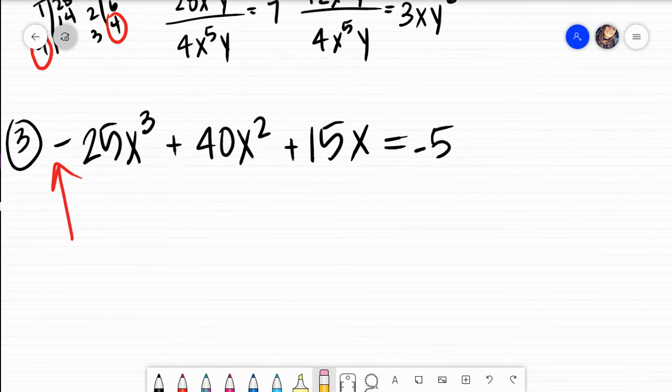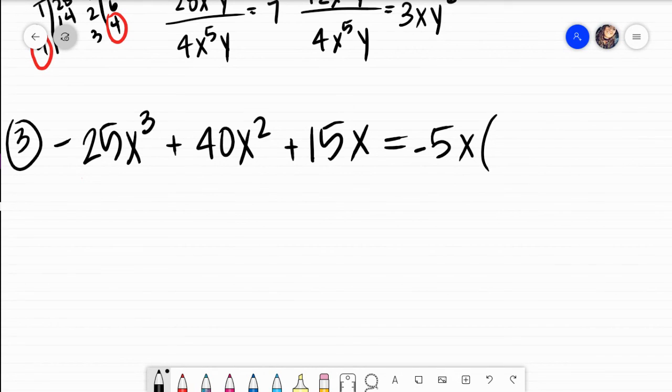Now we divide after we see if they have any x's in common. Do all of the terms have an x? Yes. What is the smallest exponent? That would just be x to the first power. So that's going to be my GCF in its entirety, y'all, negative 5x.